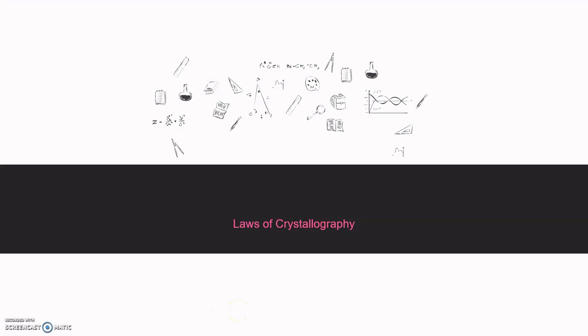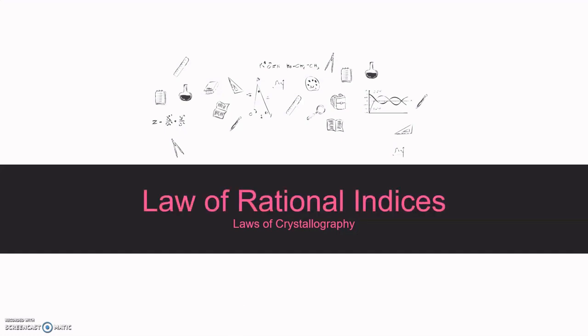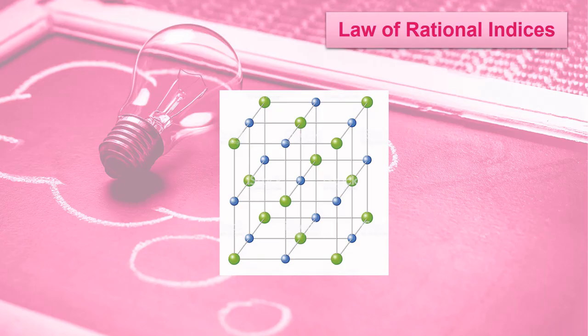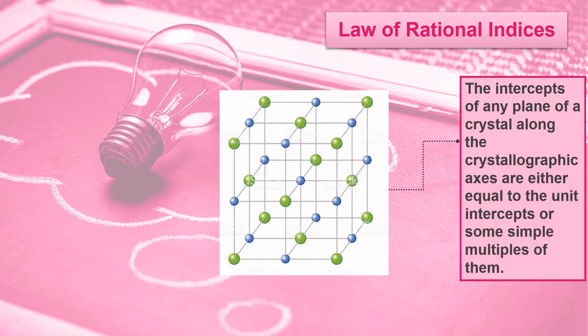In one of the earlier videos, the laws of crystallography were mentioned. You have studied the first law, the law of constancy of interfacial angles. Now let's study another law of crystallography, the law of rational indices. The law states that the intercepts of any plane of a crystal along the crystallographic axis are either equal to the unit intercepts or some simple multiples of them.